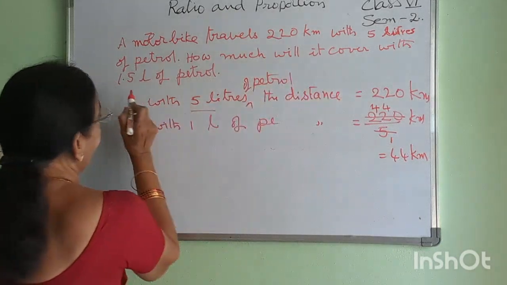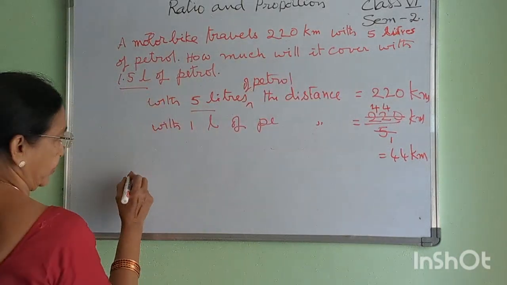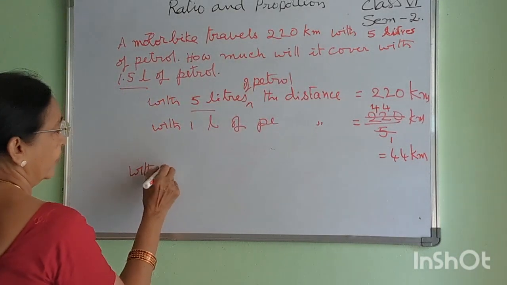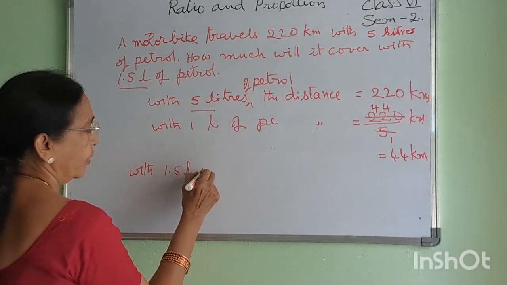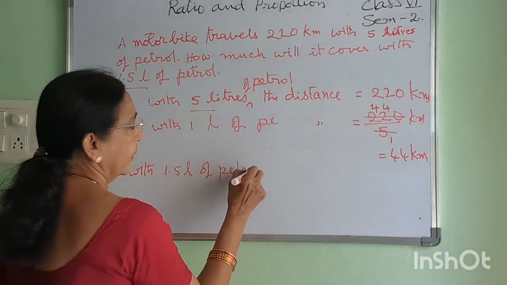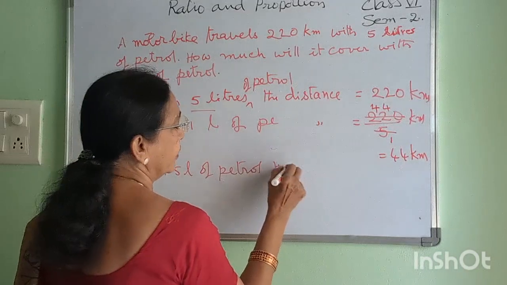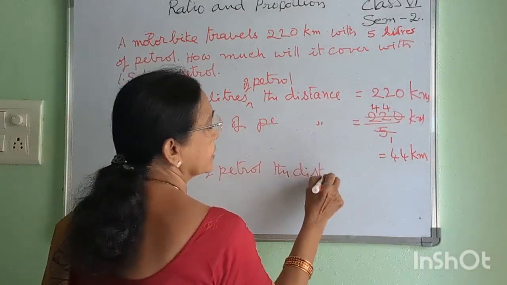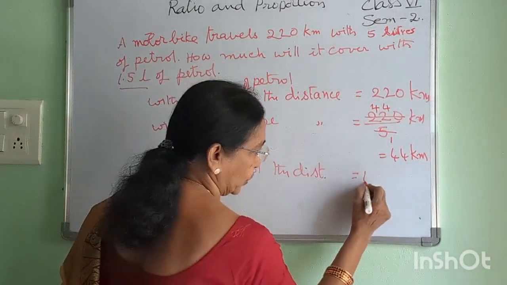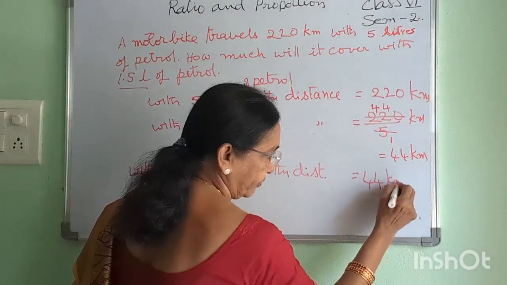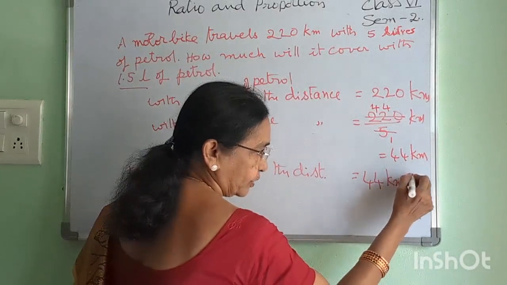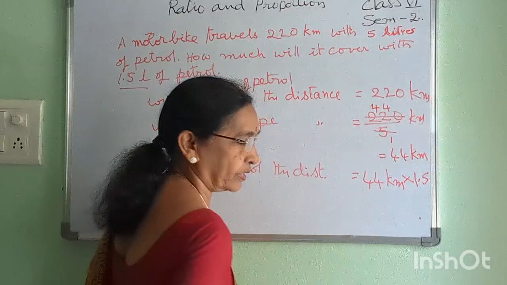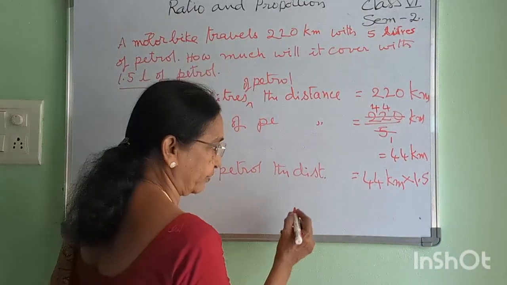So with 1.5 liters of petrol, the distance covered by the motorbike is equal to 44 kilometers for 1 liter. So for 1.5 liters, 44 into 1.5.